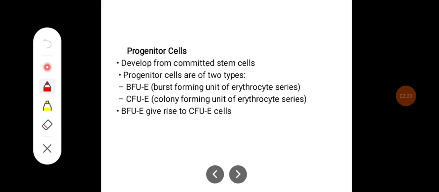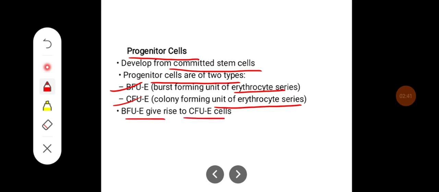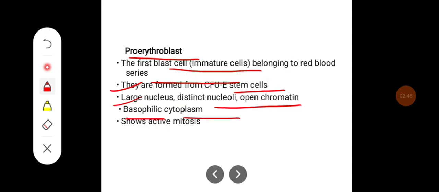Then they give rise to progenitor cells, which are developed from committed stem cells. The progenitor cells are of 2 types, the burst forming unit of erythroid series and the colony forming unit of erythroid series. The burst forming unit gives rise to colony forming unit of erythroid series cells.